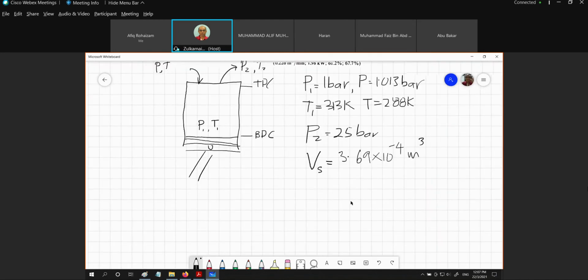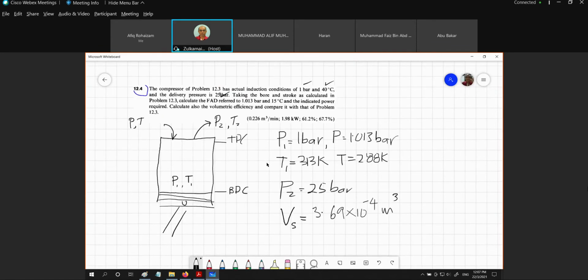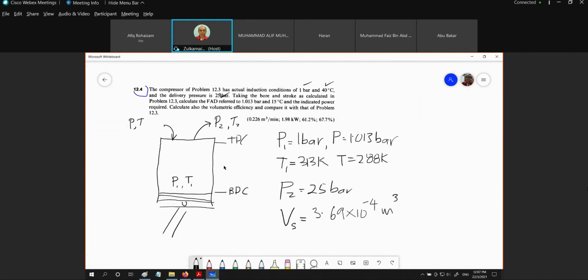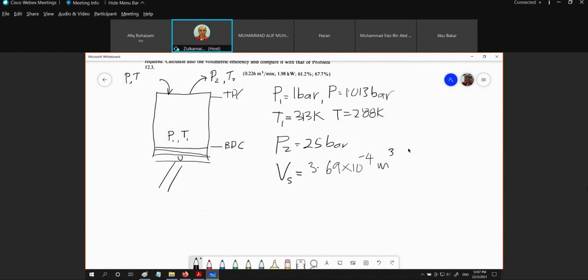Lagi apa lagi diberikan? Alright, the FAD refers to this. Taking the bore and stroke as calculated in problem 12.3, calculate the FAD. You need to get the FAD. So what is FAD?